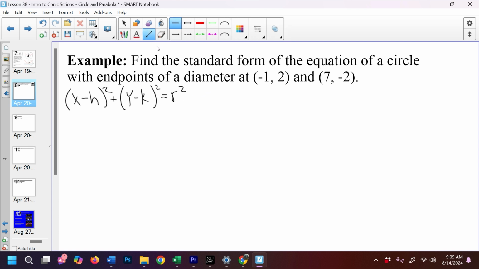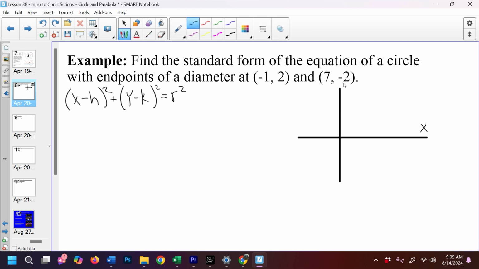Now they're giving us 2 endpoints of a diameter. So let's draw a little diagram just to visualize what we're doing, and then we'll use that visualization to come up with a plan of action. So (-1, 2): if I go -1 here and I go +2 right there, there is 1 endpoint of a diameter.